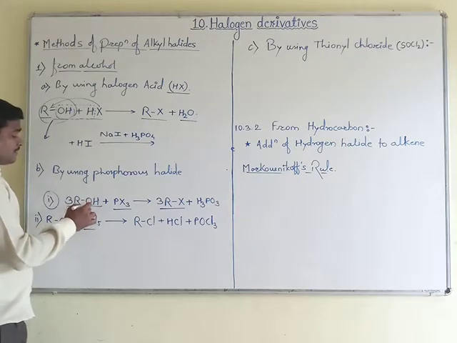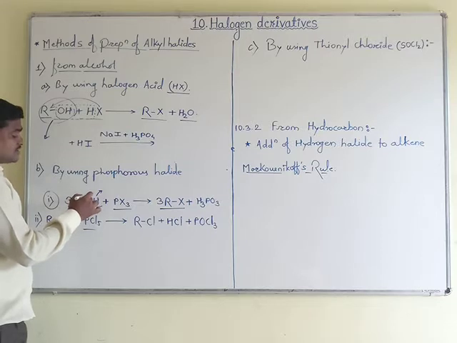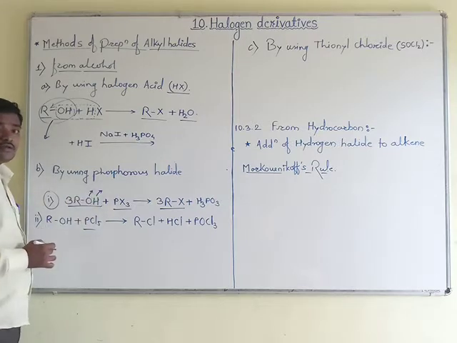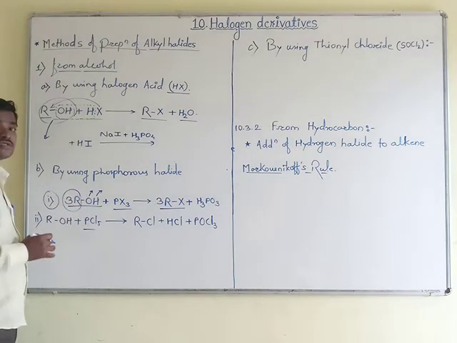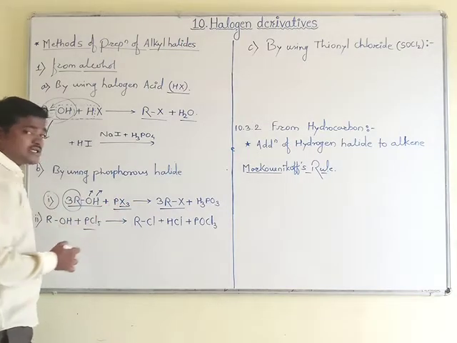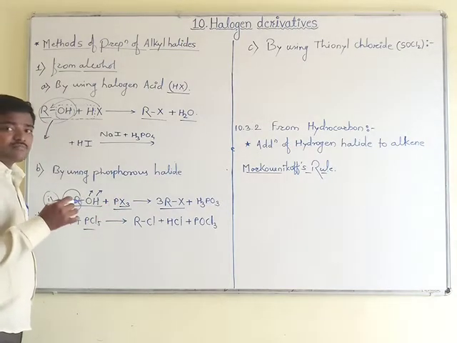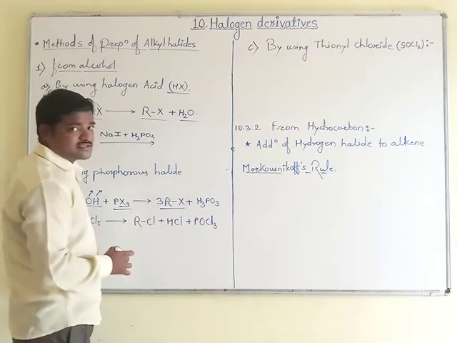Here what happens is that the hydrogen and oxygen escape from here, and the alkyl group, which is in number 3, will react with the halogen, and the halogen is in number 3. Therefore, here we are getting 3RX.